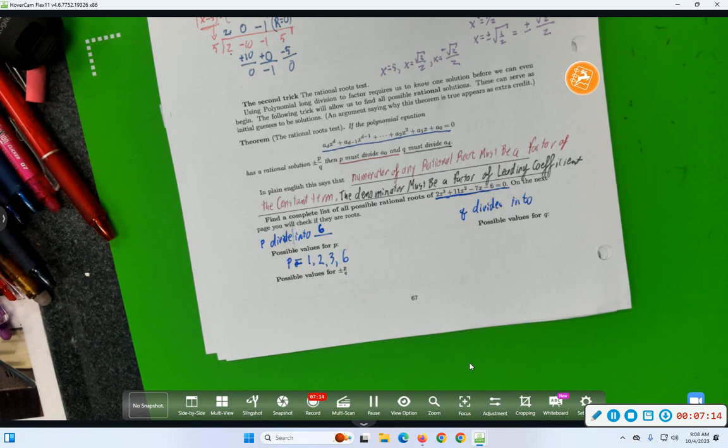What's the leading coefficient of this polynomial? 2. So q has to divide into 2. What are all the possibilities for q? 1 and 2.